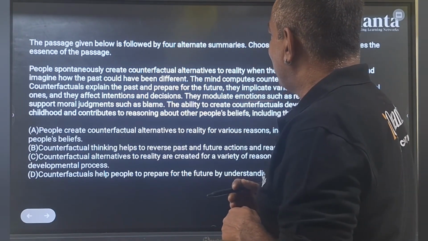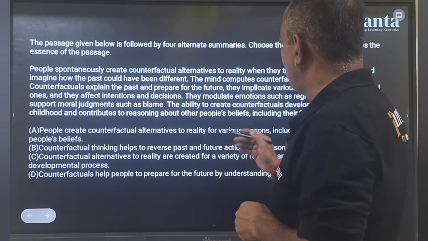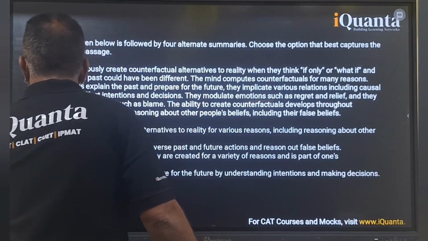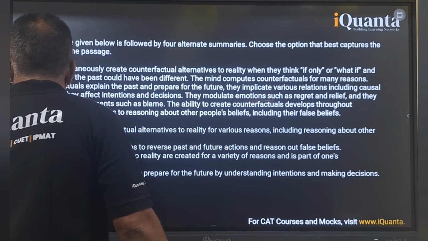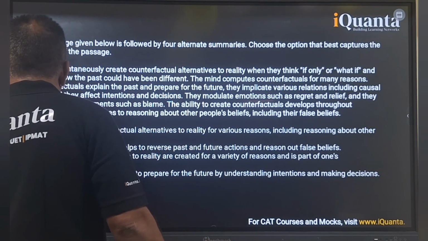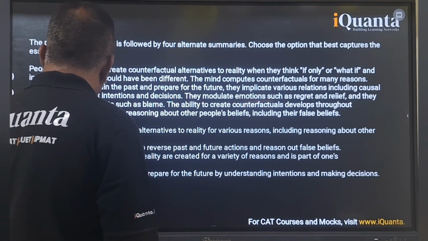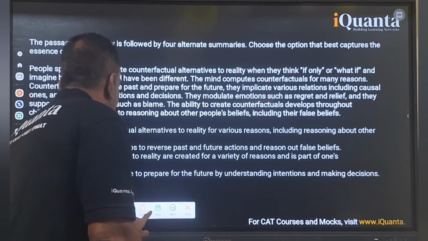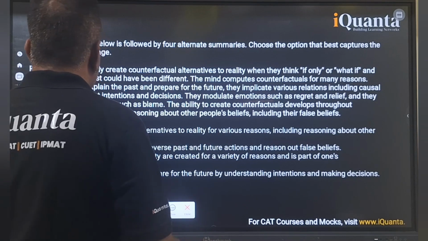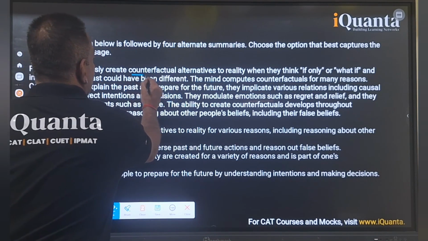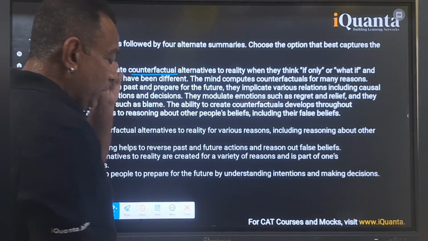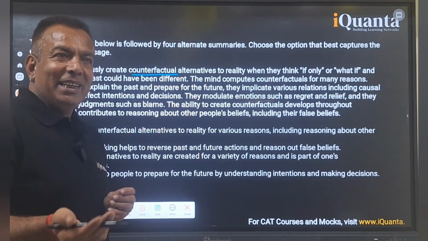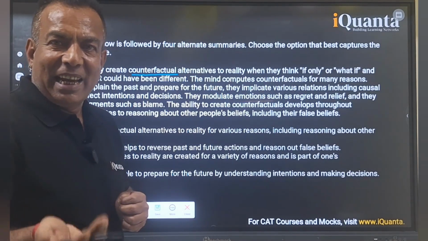People spontaneously create counterfactual alternatives. Now, counterfactual, again, we'll have to use the pen here. All right, I'll explain the words to you so that you have a better understanding of what they're saying. So, now counterfactual. Counterfactual, basically something that is anything other than the fact, the reality.